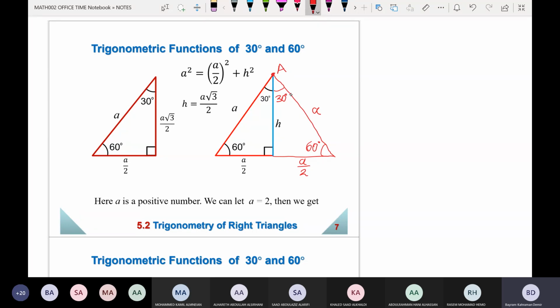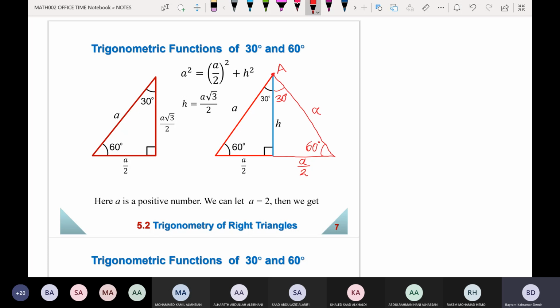that height is going to cut this angle into two equal angles, 30 and 30. And also it's going to cut the side into two equal pieces. So we will have a over 2 and a over 2 here.